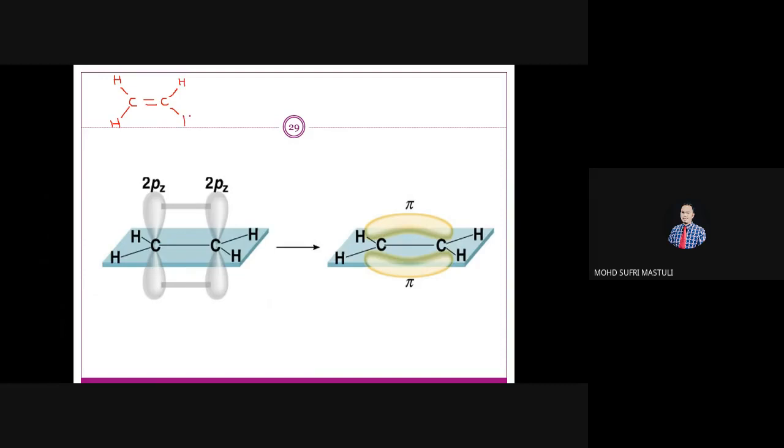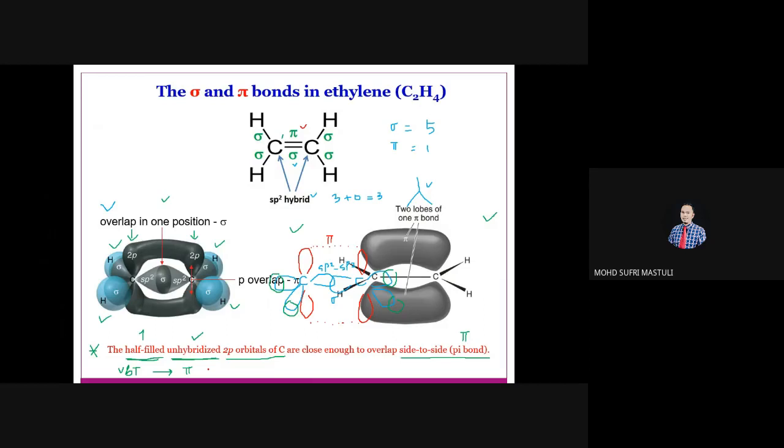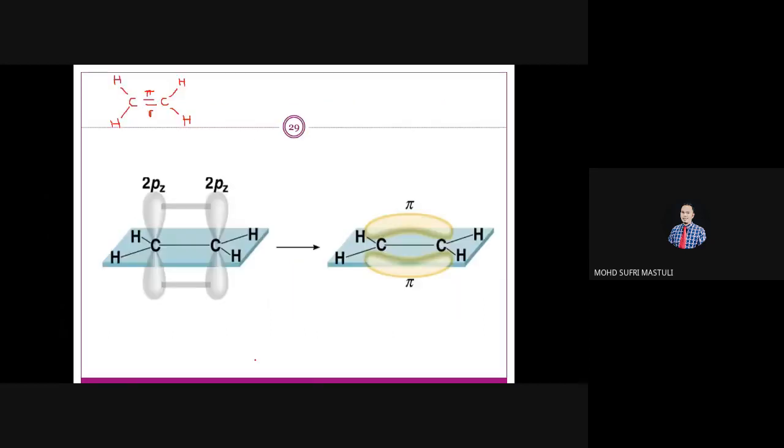We want to show how the valence bond theory works for the pi, because we know the pi should be an unhybridized 2p orbital.